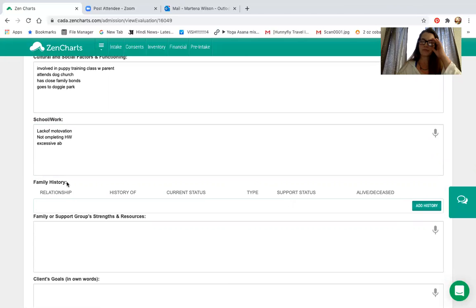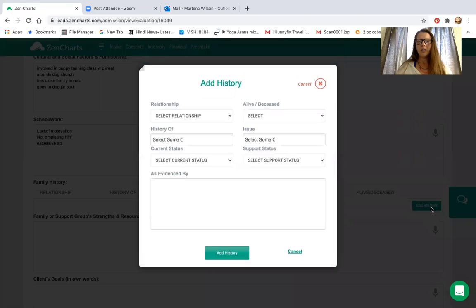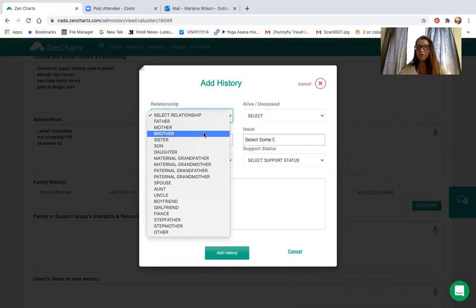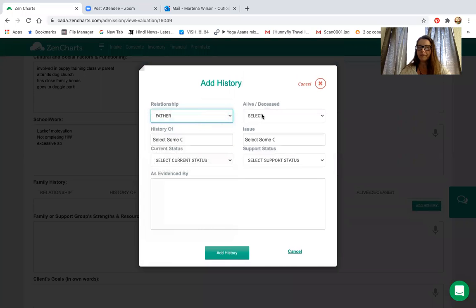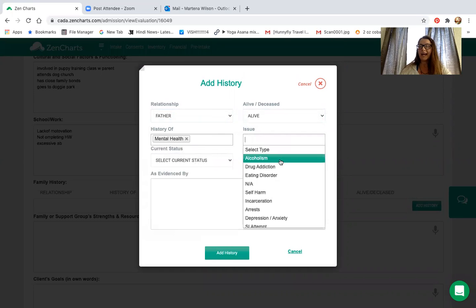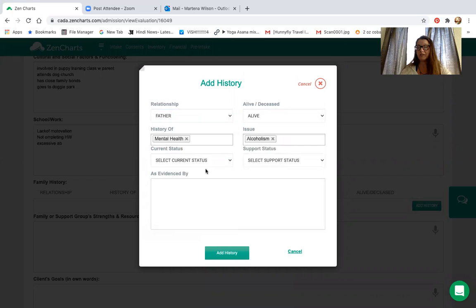Now looking at family history, this can be really valuable and important when we're doing your treatment plan and working with this kiddo. You can add any family relationship. So you may know that dad is alive, but has some mental health issues and alcoholism.